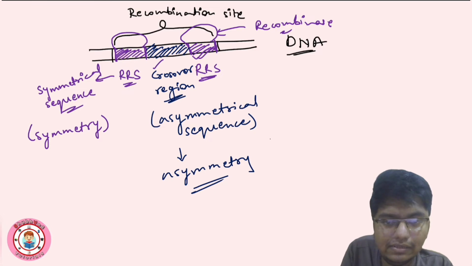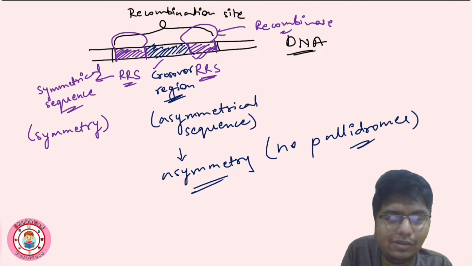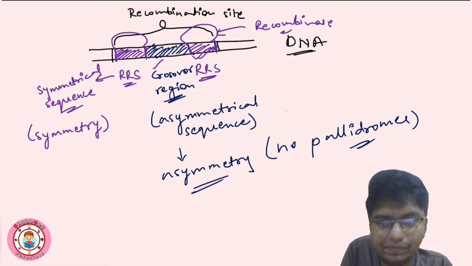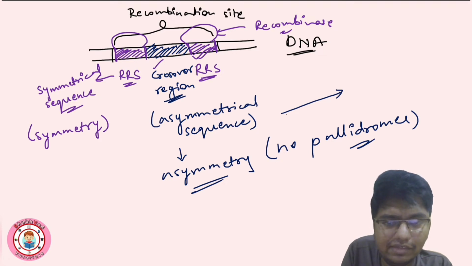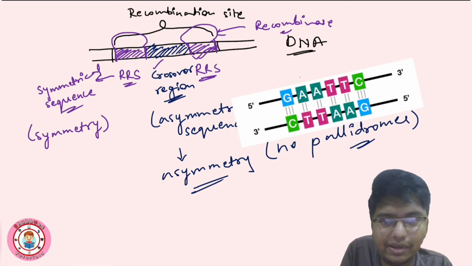Because the repeats are not palindromes. A palindrome sequence is one where, if we read it from right to left as well as left to right, in both directions we see the same sequence.